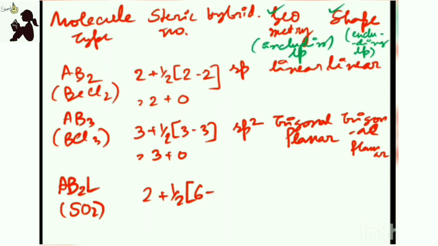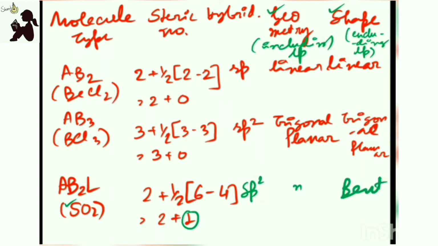And we know that oxygen has valency 2, so it is 2 into 2, that is 4. So it will come 2 plus 1. As you can see, this SO2 has one lone pair. So its hybridization will be sp2 and geometry will be trigonal planar, but its shape will be bent here, because it has a lone pair.